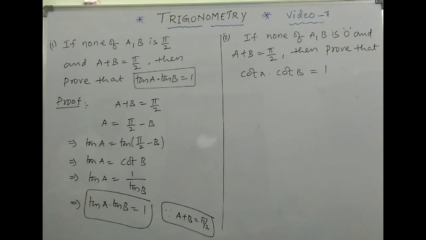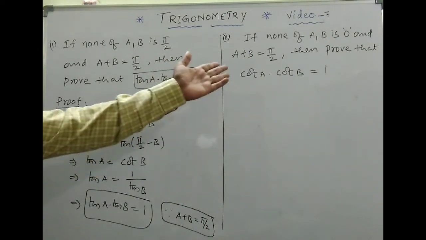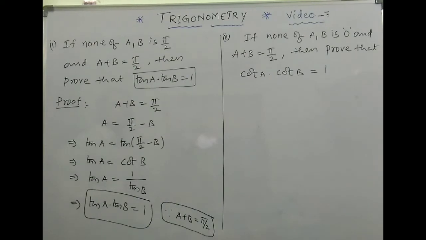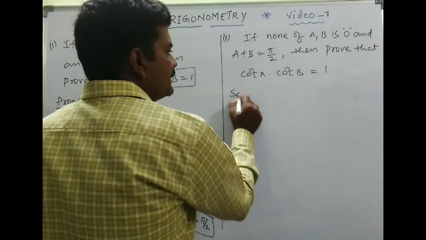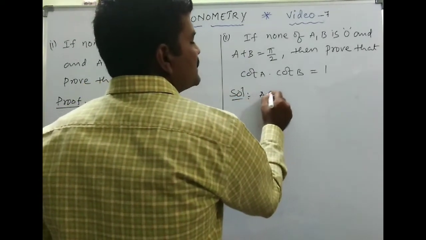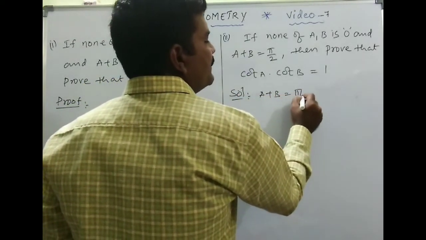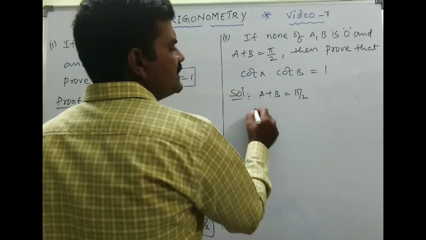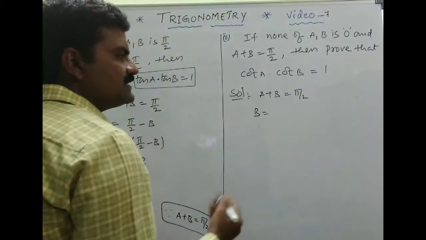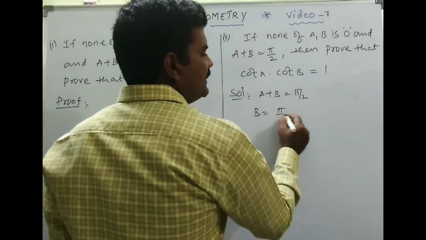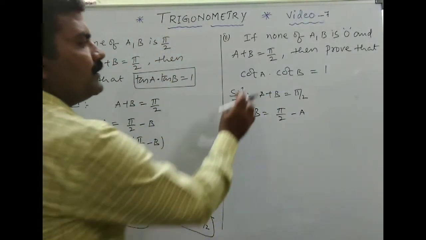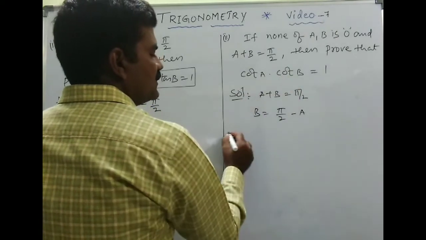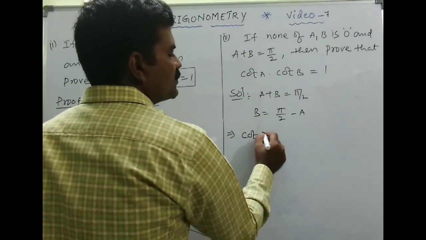Right? In the same way, this can also be proved. None of A, B is 0, and moreover A plus B is equal to 90. So A plus B is equal to 90 is the given condition. Anything you can change; shall I send capital A this time? Either A or B. Now the problem is related with cot, so take the cot ratio on both sides.